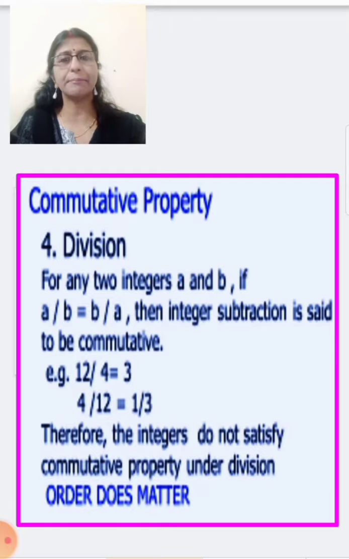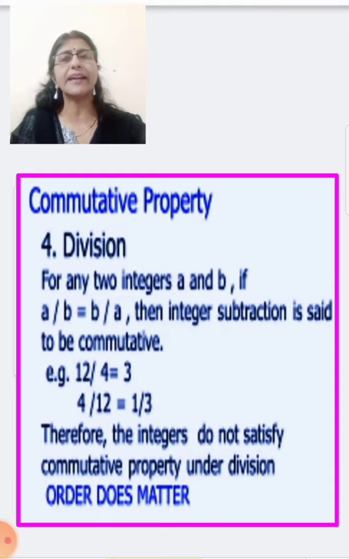For example, take 12 divided by 4. Here a is 12 and b is 4. 12 divided by 4 is 3. Now if you change the order, instead of writing 12 in the numerator, you write 4. That means we are dividing 4 by 12.